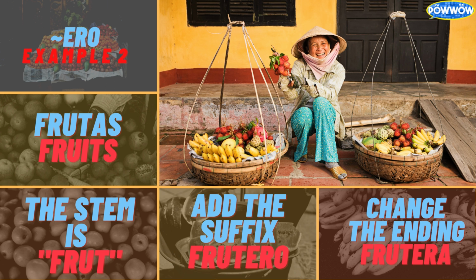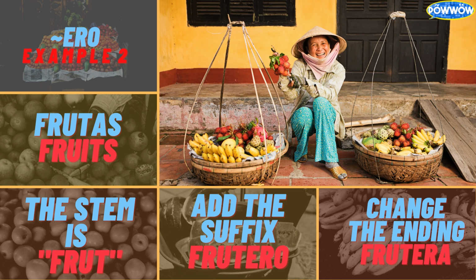So the stem here is fruit, F-R-U-T, fruit. When we do that, we had to chop off the S, and we had to also chop off the A to get to this. Now we have our stem.